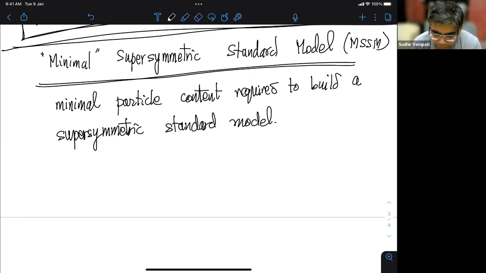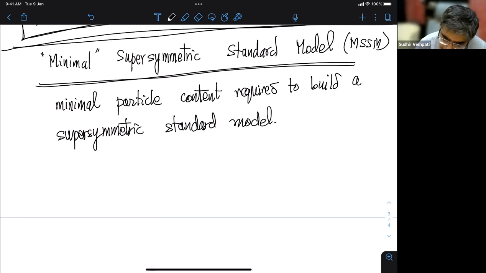Just to recap the standard model, I don't have the slides here, but I think you will remember it. We'll do it once required. We'll try to do it in the same fashion so that we have a one-to-one mapping between the standard model and the MSSM, so that it becomes easier.